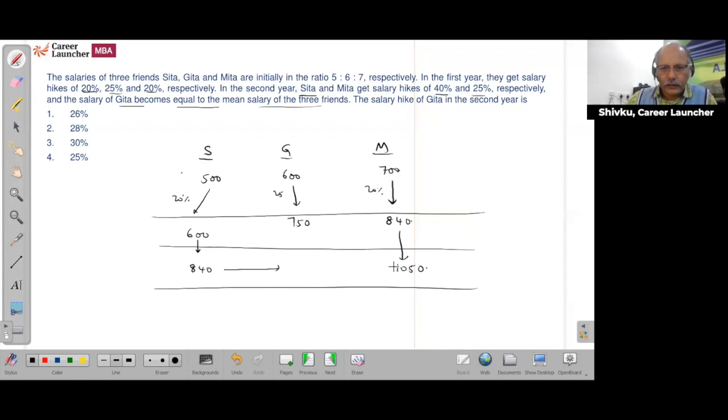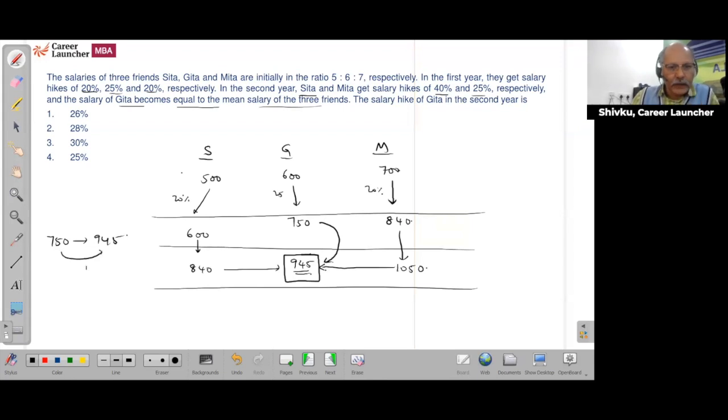So if you look at the average of these two, they are off by 210 points. So the midpoint will be 105. So this will be 945. So this also should be the salary of Geeta. So from 750, you're going to 945. 750 to 945.